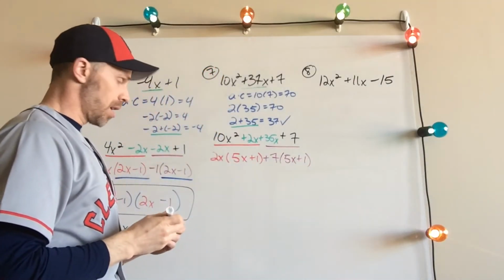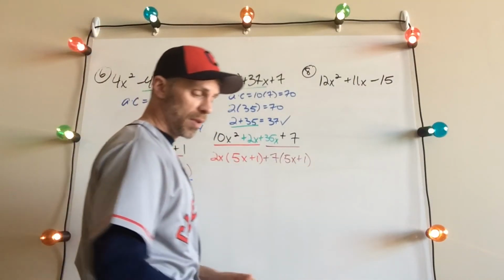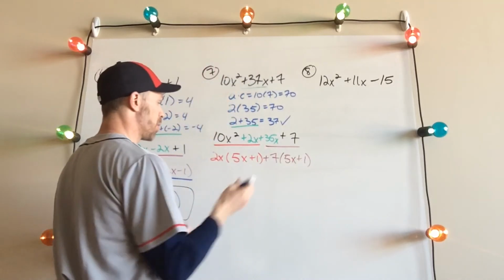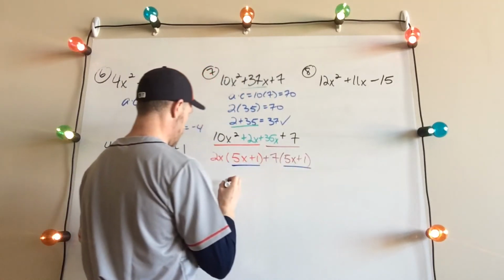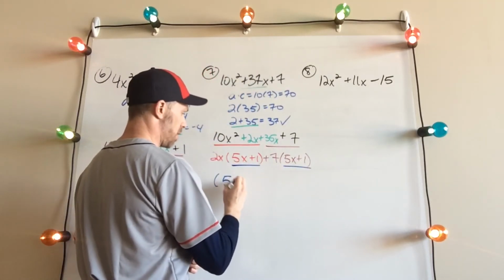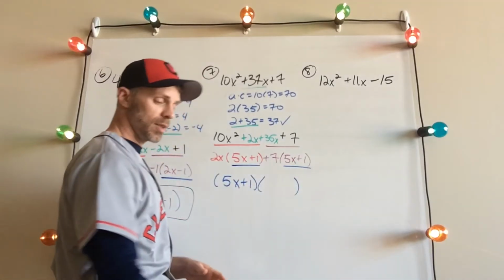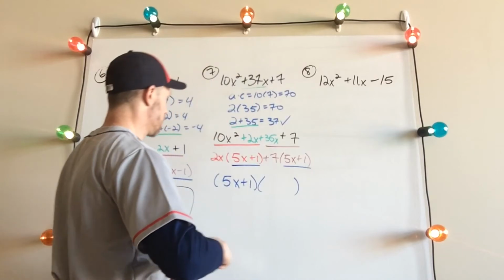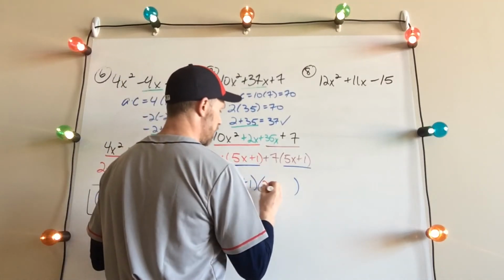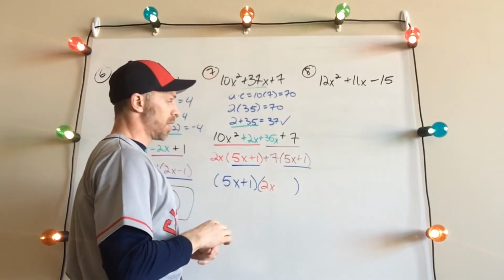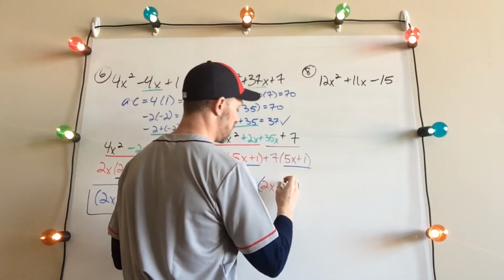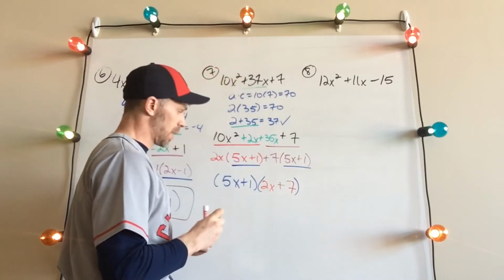And both of those have the same parenthesis piece. So it can jump all the way to the front. And then inside the second set of parentheses, we'll have this red 2x, and then this purple 7.